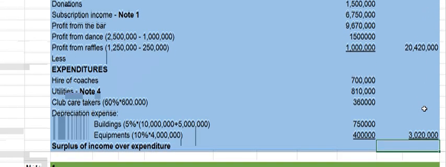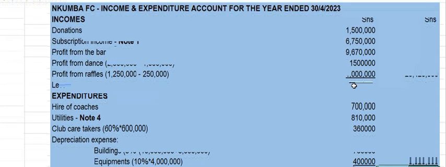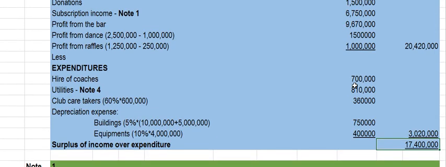So what you have to do now is to get your total incomes minus the total expenditures, and you get a surplus. We call this a surplus of income over expenditure. Don't call it net profit. It's called a surplus of income over expenditure, meaning that the incomes exceed the expenditures.